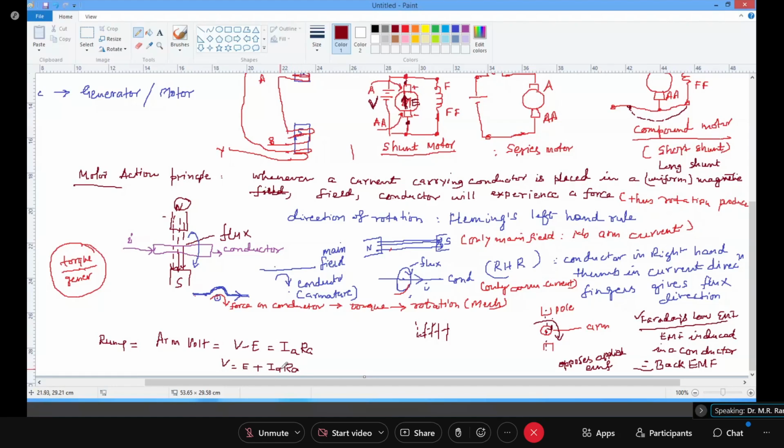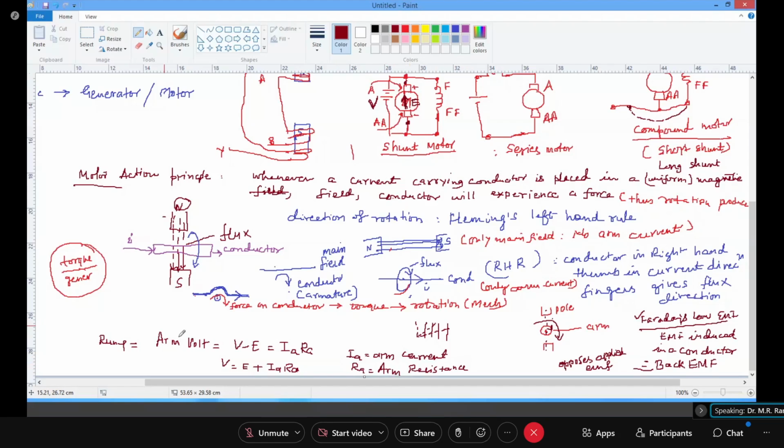Clear? V equal to E plus IA RA, where IA is the armature current, or the conductor current, in simple words. And RA is the armature resistance, because the coil you are putting in an armature has its own resistance.